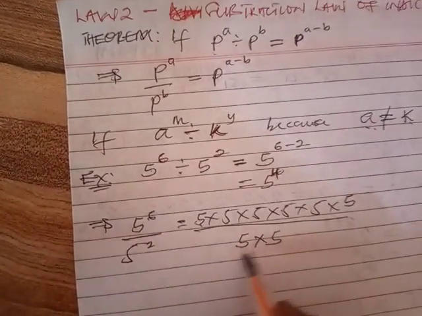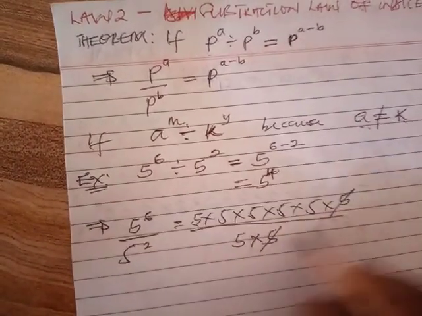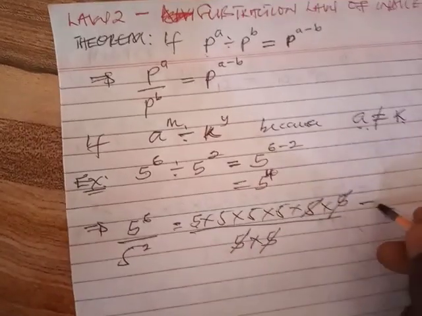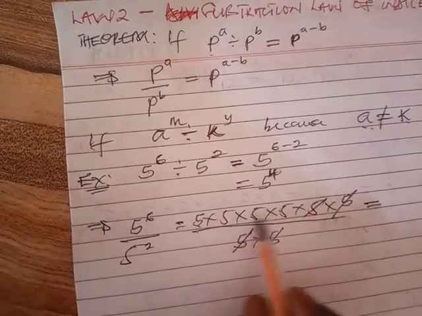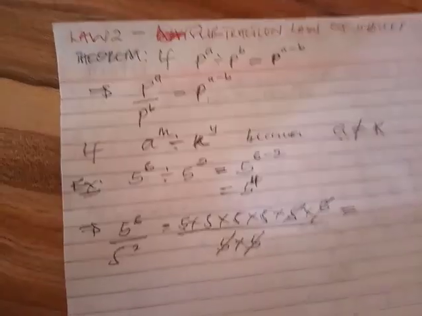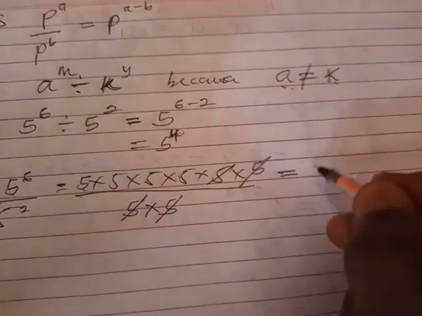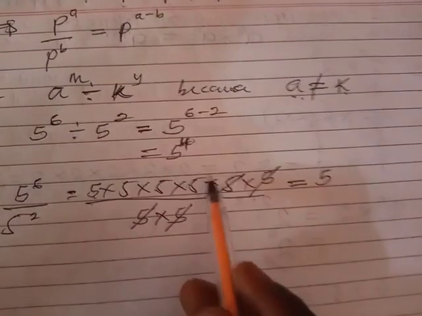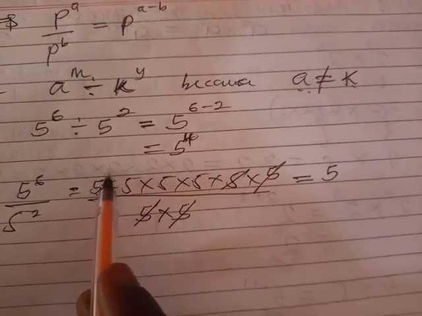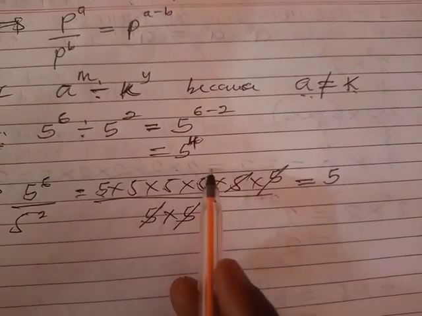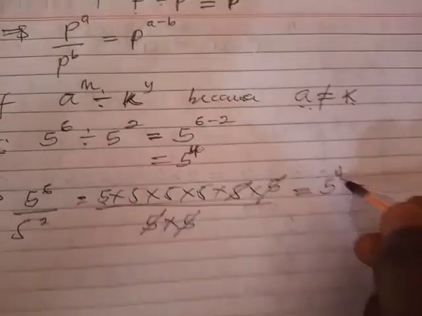So we have 5 here, and they cancel each other. This cancels this, this cancels that. So you'll be left with 5 by 5 by 5 by 5. Then go back to the addition of indices: if the bases are the same, you can add the exponents. So for 5, we have exponent 1 plus 1 plus 1 plus 1, making 4. So this is the same as that.